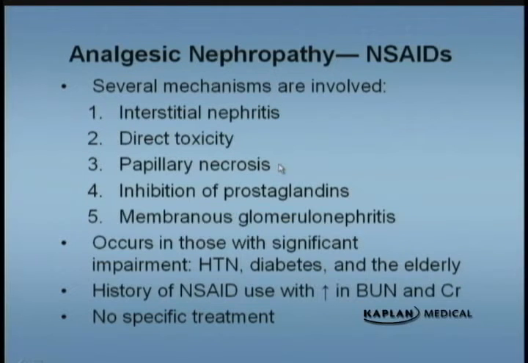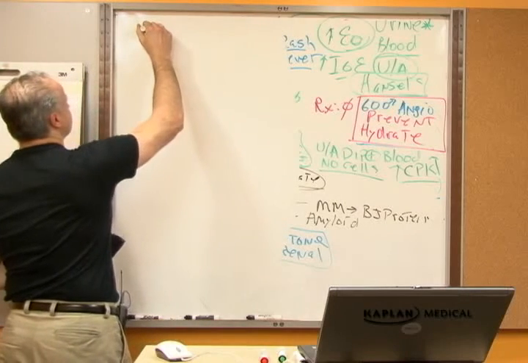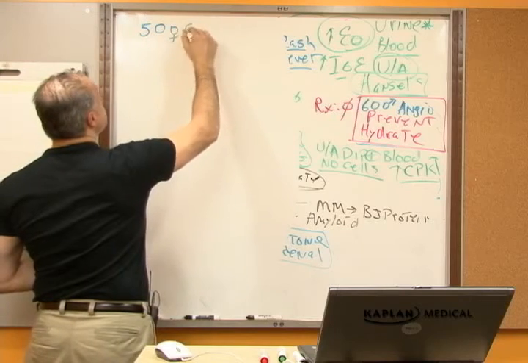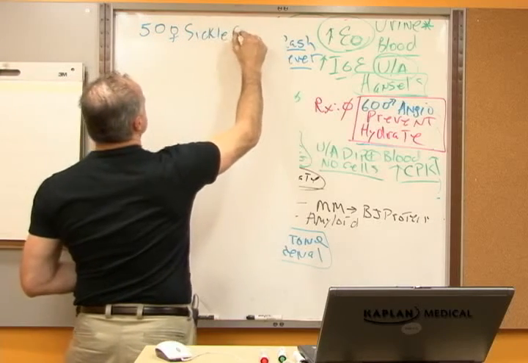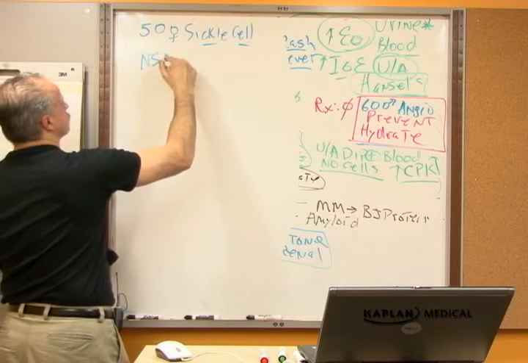Papillary necrosis is going to present like a person who looks like they have pyelonephritis. Take a person who's got sickle cell, because these people have bad kidneys to begin with, and takes a bunch of non-steroidals.